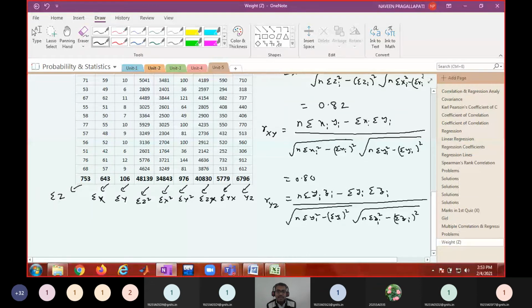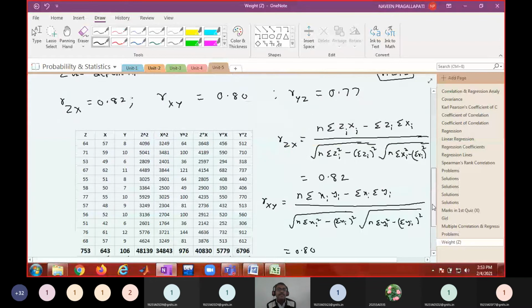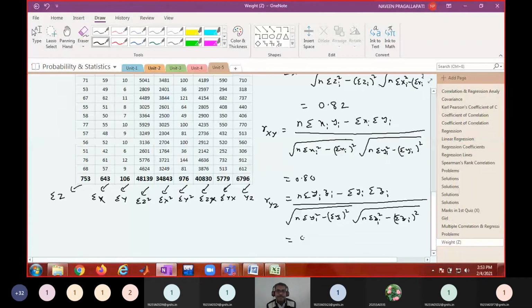When you substitute these values, you will get 0.77. Okay.